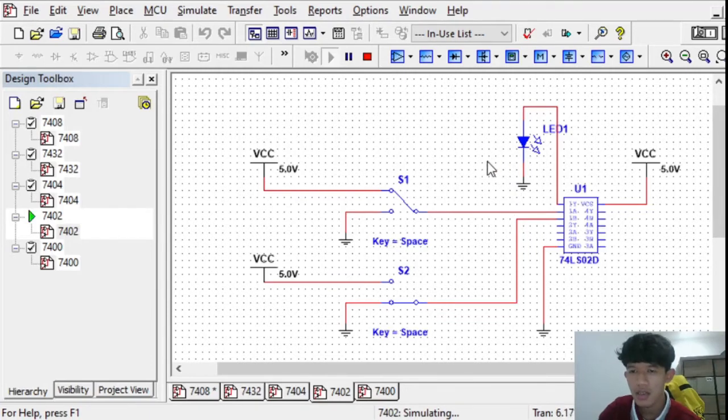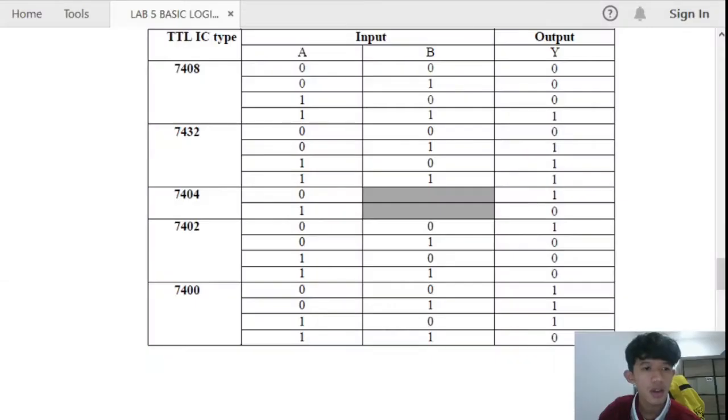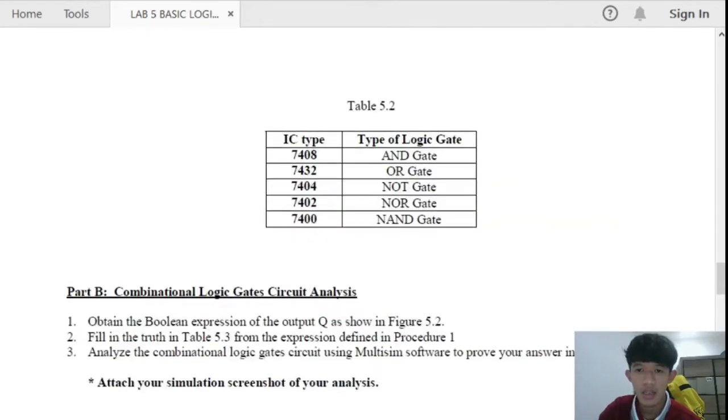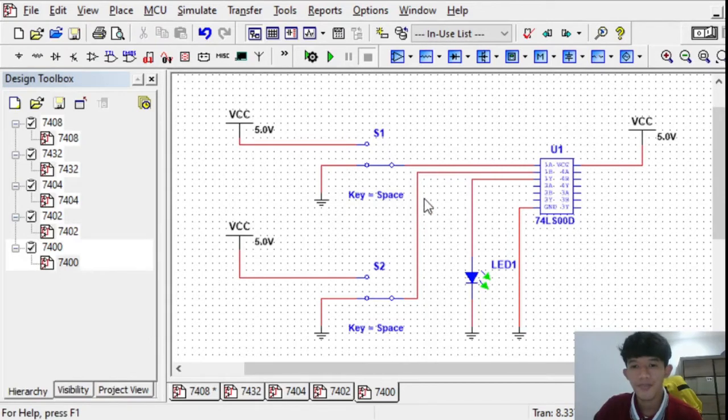The LED still does not light up. Then we put 1 for both inputs, and the LED still does not light up. And then we know the output for 7402 is 1000, and the type of logic gate for 7402 is NOR gate.